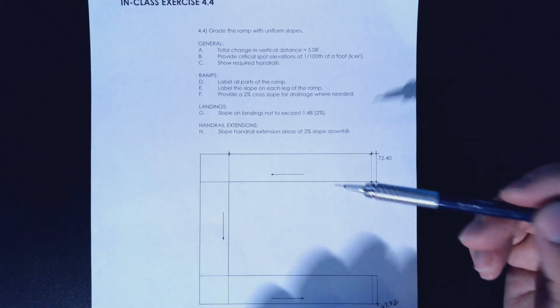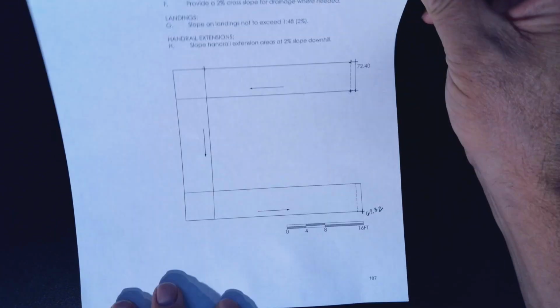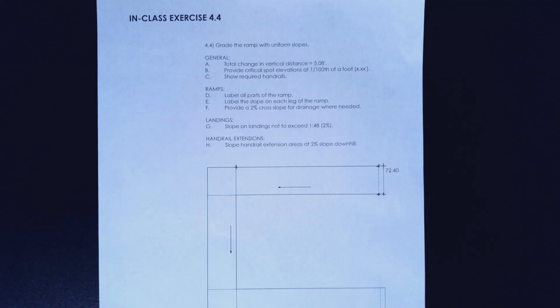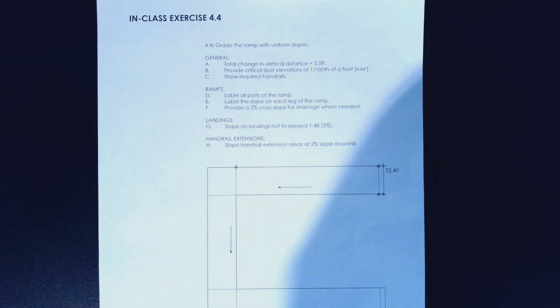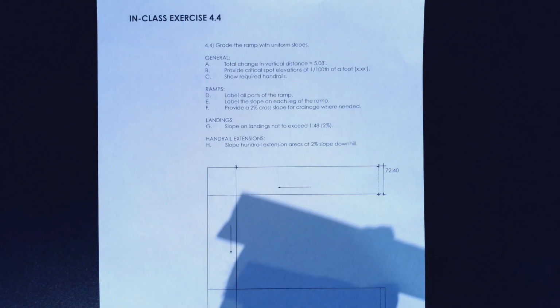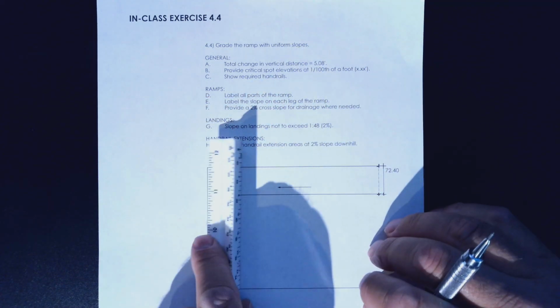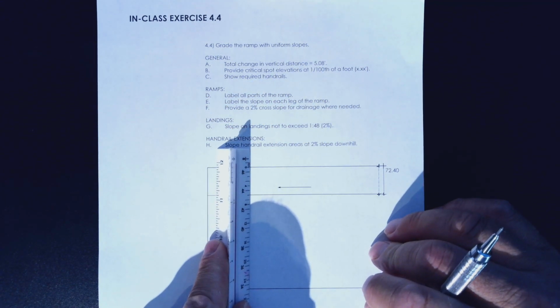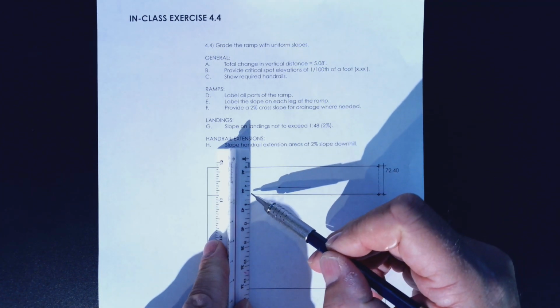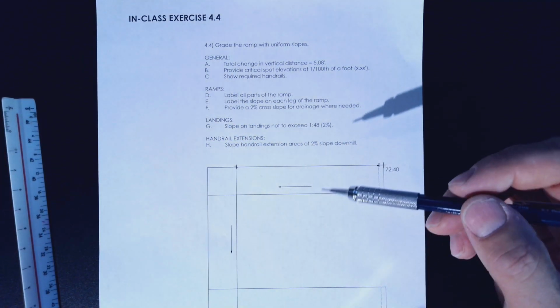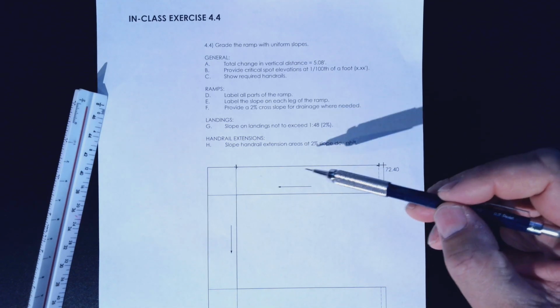Since this drawing is at 1/8 scale, 1 inch equals 8 feet, if you measure this with our 1/8 inch scale, you'll see that this ramp is 6 feet wide, so we can come in a half foot on each side with a handrail and still maintain 5 feet of clearance. So we'll do that at the end. We'll put the handrails on the end.